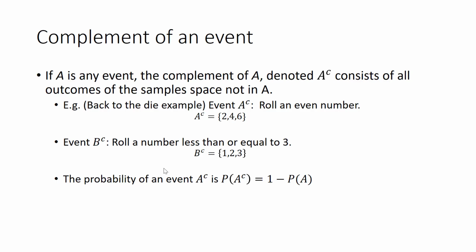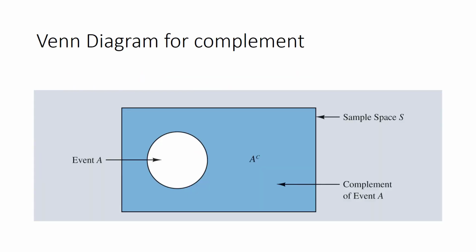Now, one tool that is very useful for presenting and showing probabilities is the Venn diagram. The Venn diagram, which you might already be familiar with, we make this square over here.